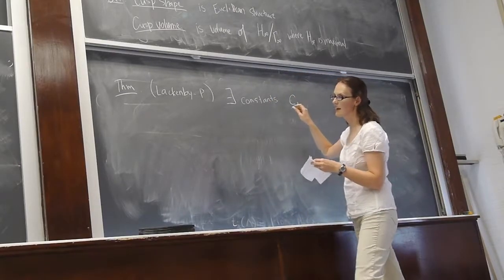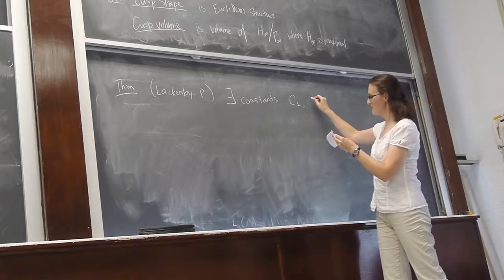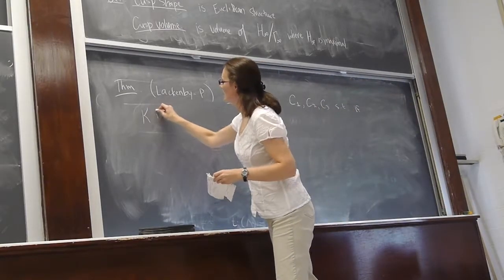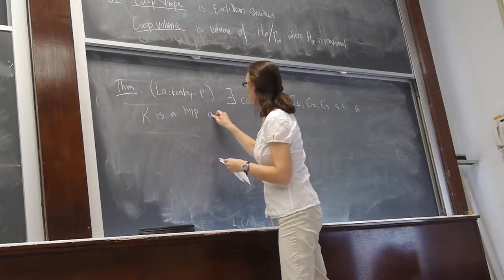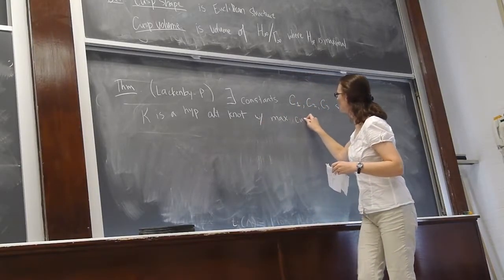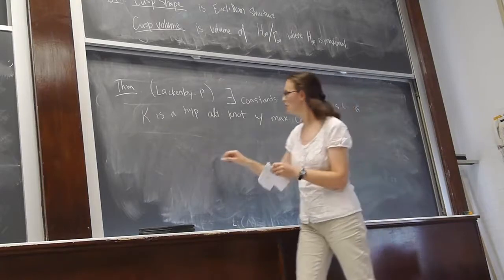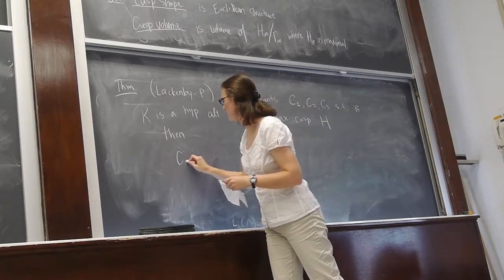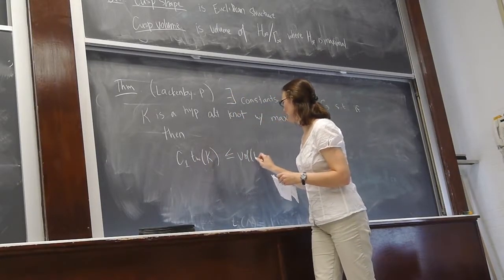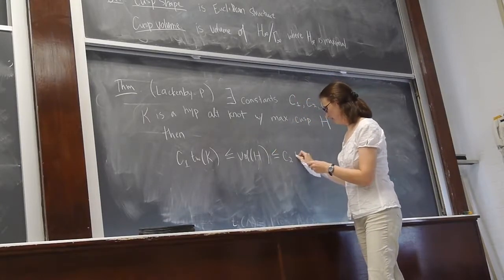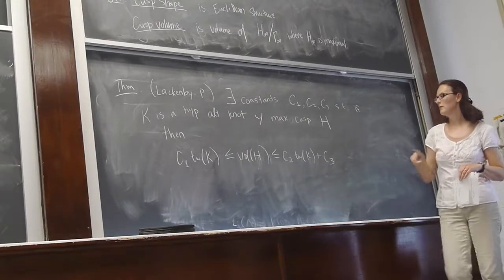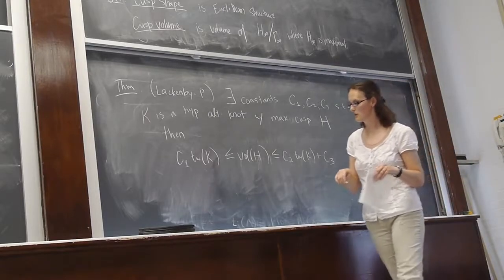Okay, there exist constants. I call all my constants C something. These are different constants, C1, C2, C3, such that if K is a hyperbolic alternating knot with maximal cusp H, then some constant times the twist number is less than or equal to the volume of the maximal cusp, which is less than or equal to some linear function of the twist number.